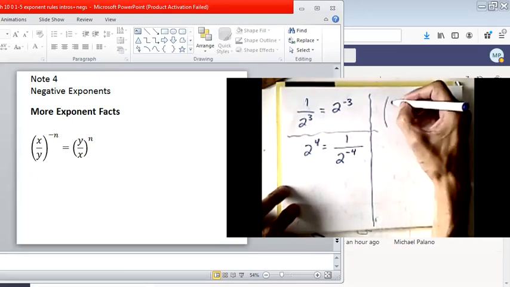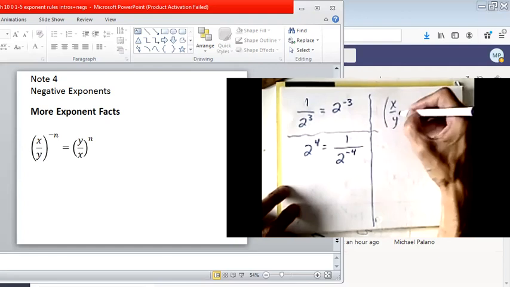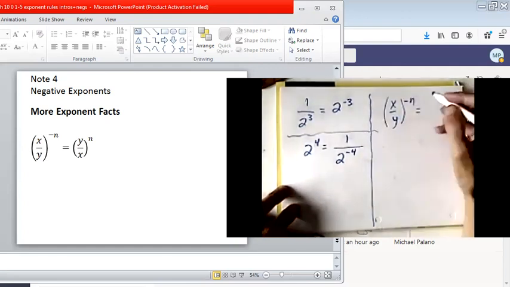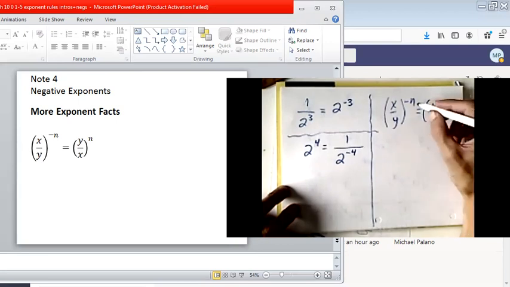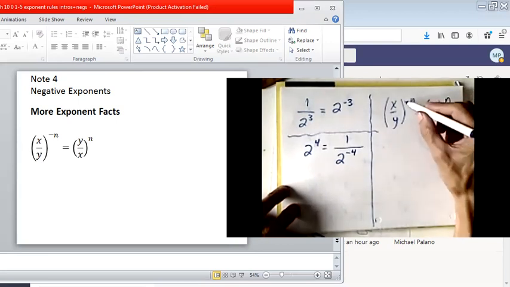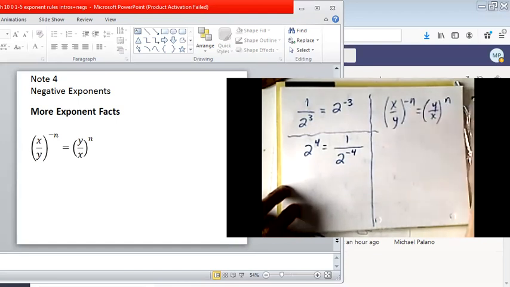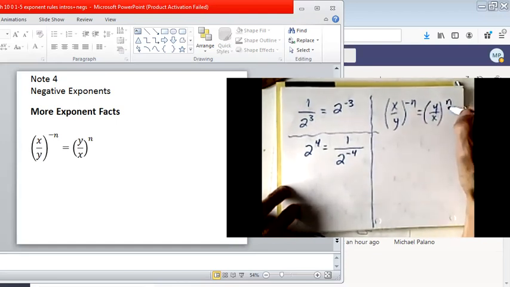The fraction on the inside has x on the top, y on the bottom. And then if you flip that fraction upside down, the exponent stays the same, but it's now no longer negative. It is positive. You could write positive, but usually we keep it invisible.